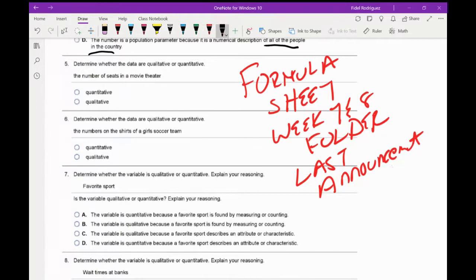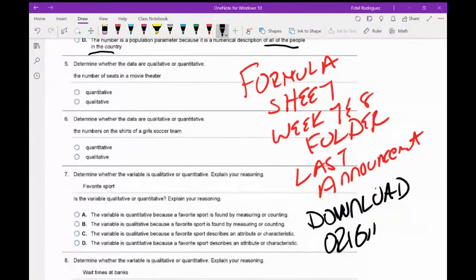And then the one thing I want to make sure when you get it, make sure when you hit the little 3 dots, click on download original file, because if you don't, it's going to be all garbled and it's not going to look like the formula sheet that I've been sharing with you guys on the screen. Okay.